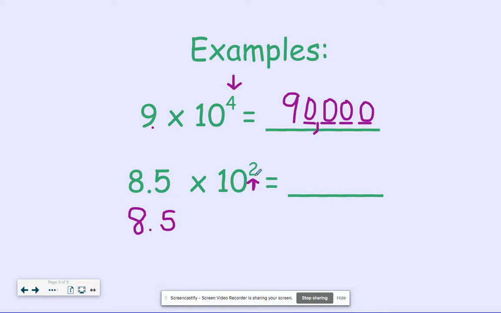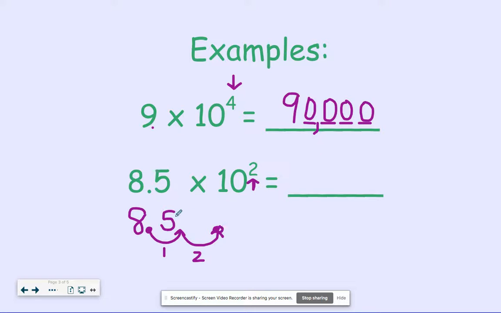And because we're multiplying by a positive number, we're going to move it 2 spots. Here's our decimal. We move it 1 spot. So that's 1 spot. We're going to move it another spot. So that's 2 spots. So our decimal started out right here. Now our decimal is here.